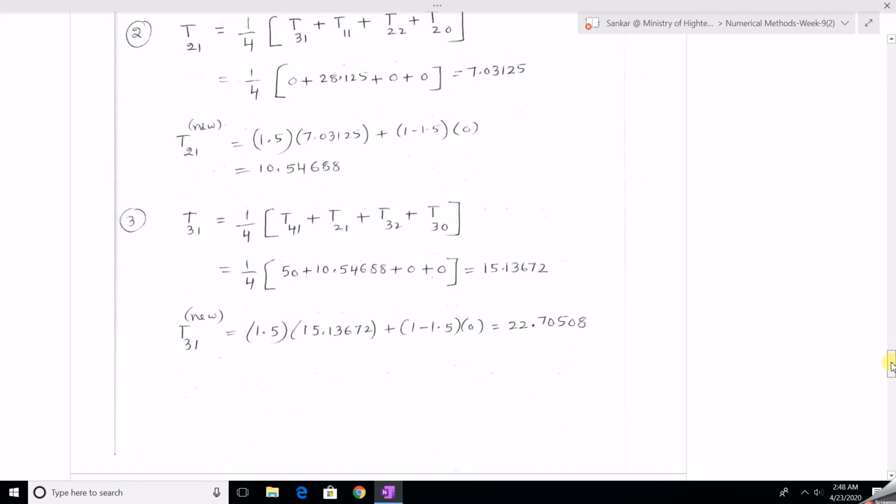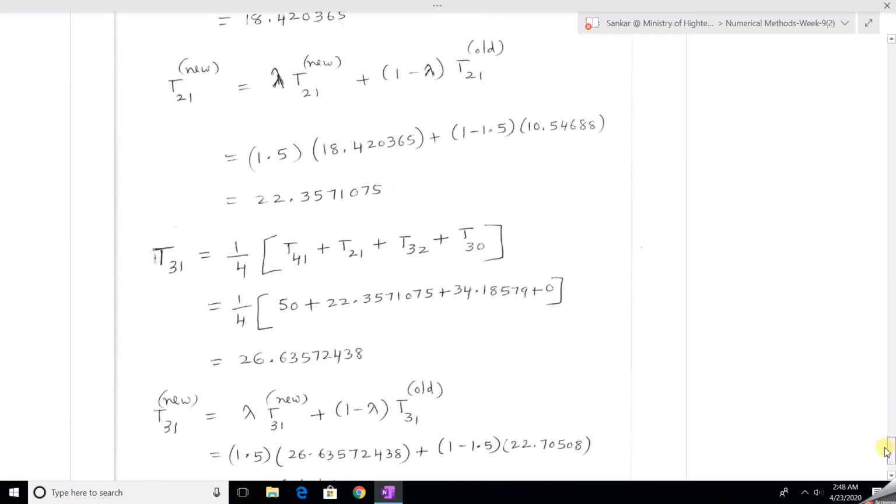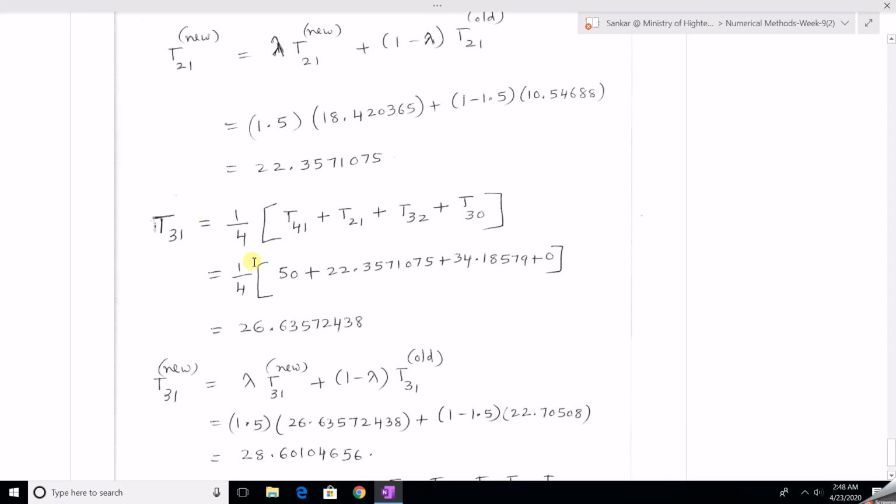So if we write the formula, T31 in the second iteration is equal to 1/4 times T41 plus T21 plus T32 plus T30. This is the temperature at the edge, the point on the edge is 50, plus T21. As I told, for T21 we have the latest approximation, that is 22.357107. We use that value plus T32.